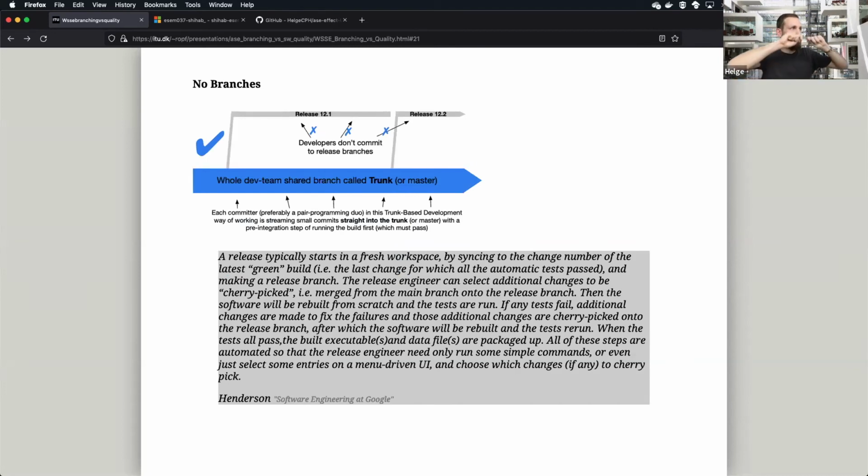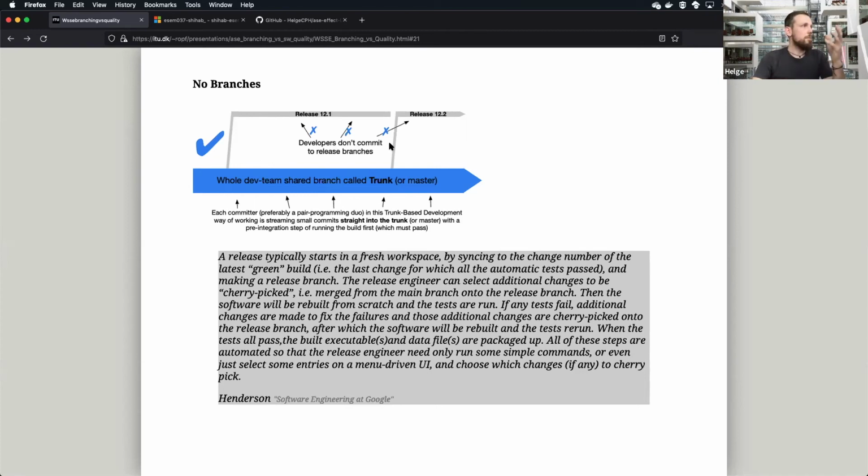We all develop constantly on what they call the trunk, as very likely they don't use Git, but something else. So on the master branch, everybody works there constantly, and then we have releases that we branch off. And when those releases should be fixed for something, then they describe in their book that they have people, release managers or group managers, who can cherry pick out of the main branch what they want to have in their releases. So for example, bug fixes.